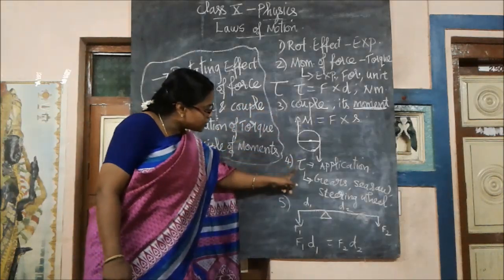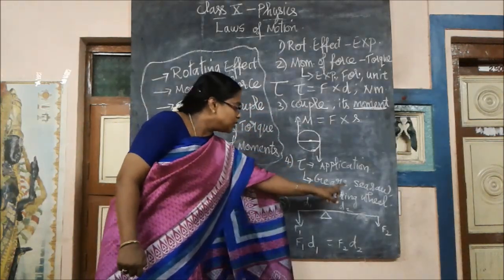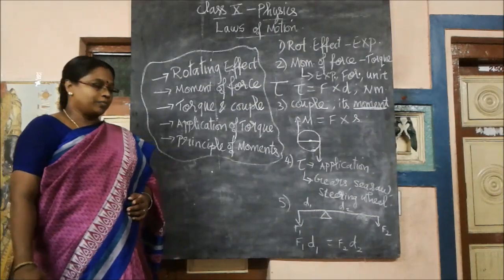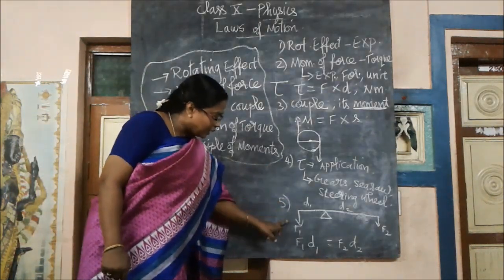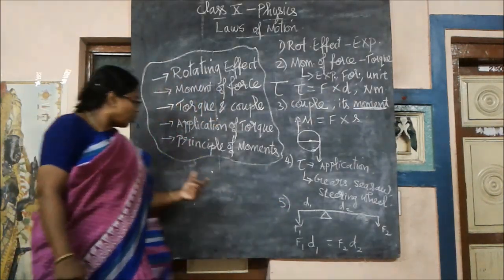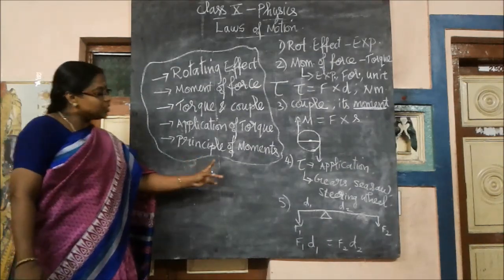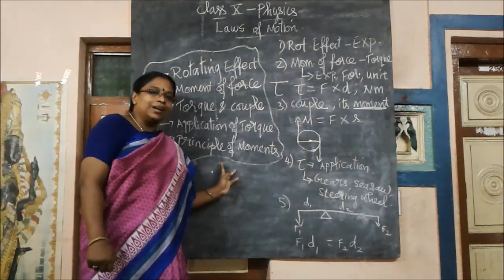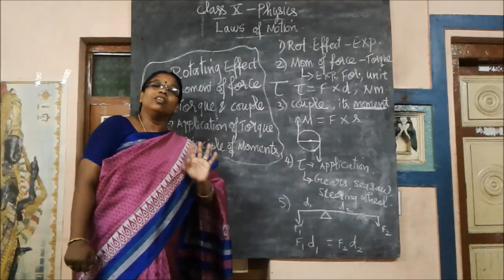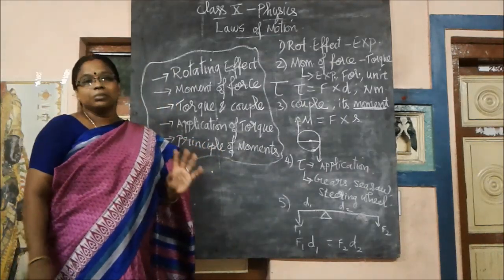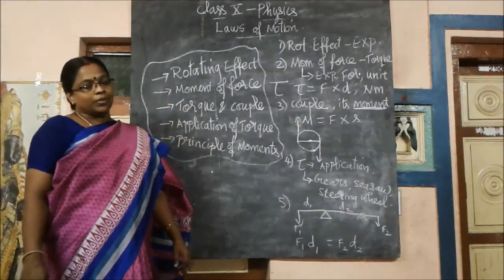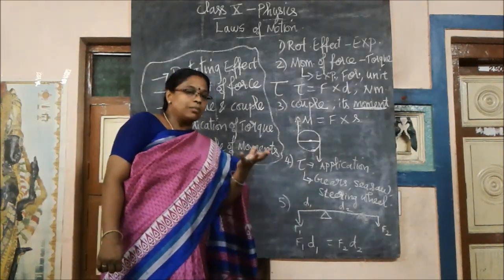Right, now what are the applications of torque? Gears, seesaw and steering wheels. So make a note, and here the principle of moments is the last point. The principle of moments states that when a body is in equilibrium condition, meaning balanced condition, it will produce some moments, right?